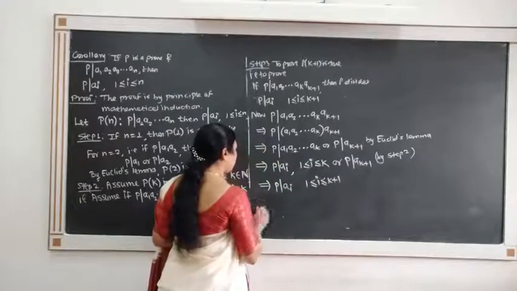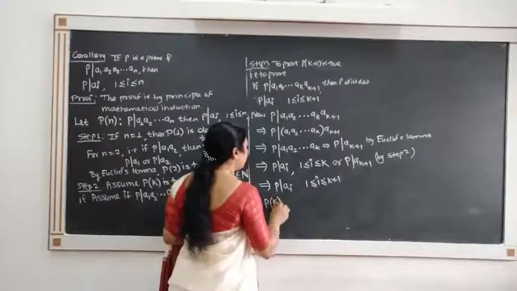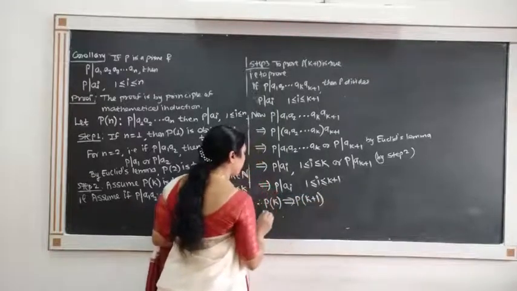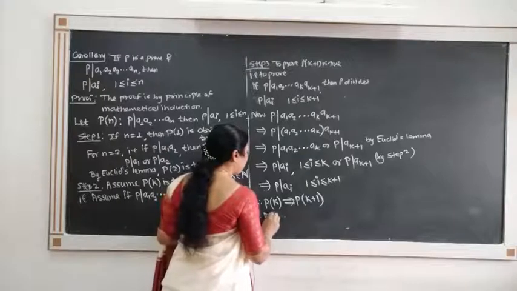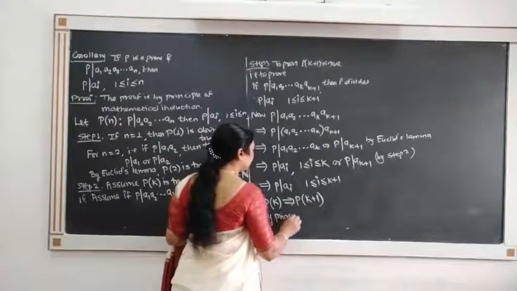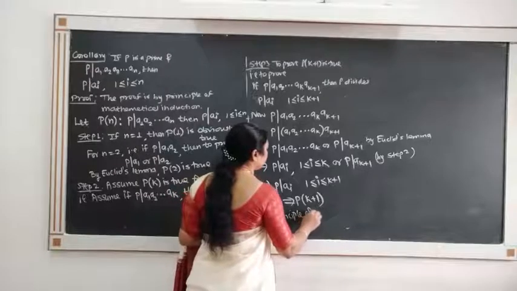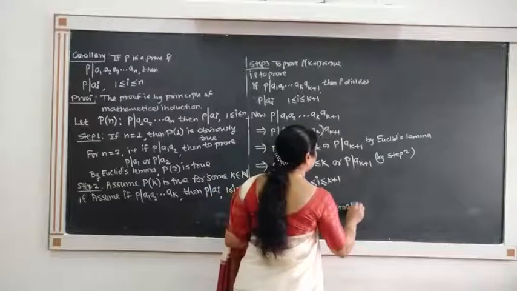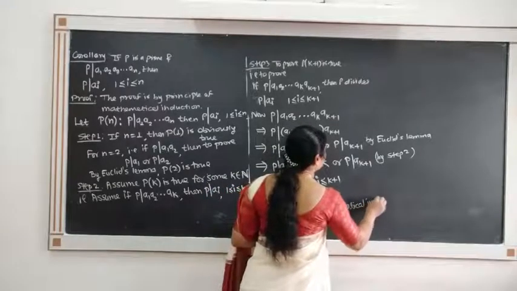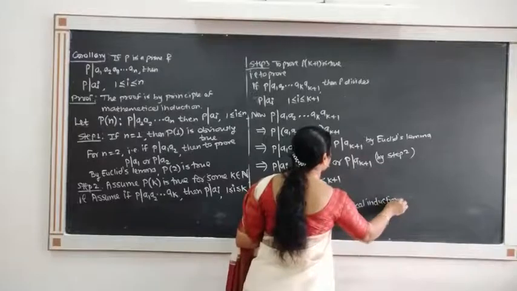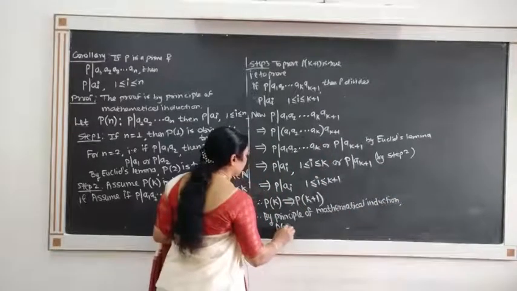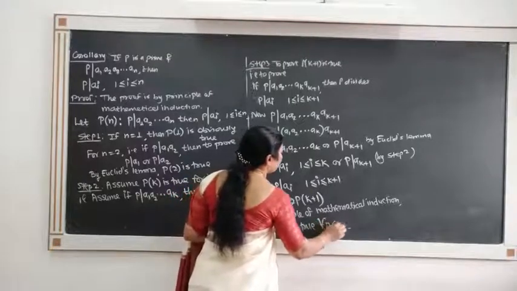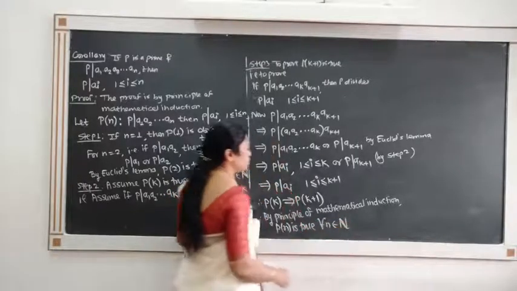This implies that Pk is true implies that Pk plus 1 is also true. So Pk implies Pk plus 1, and therefore by the principle of mathematical induction, Pn is true for all n belonging to the natural numbers.